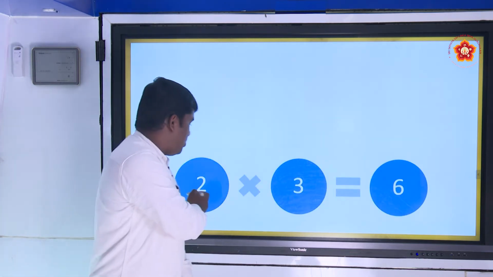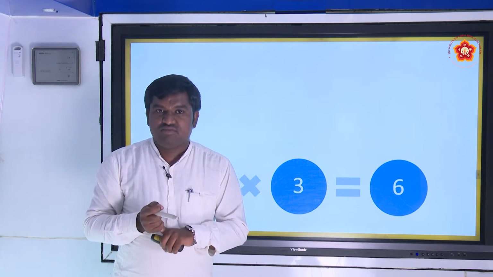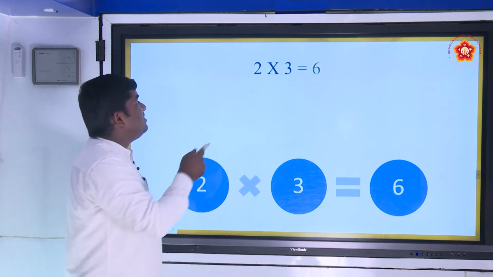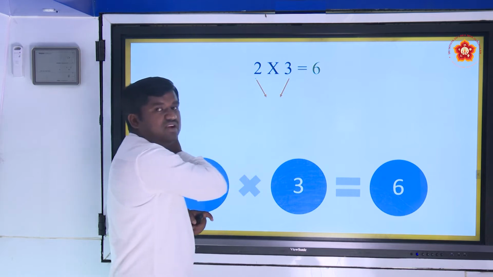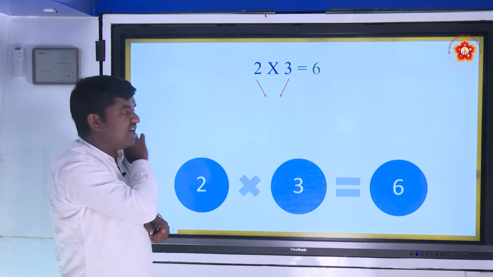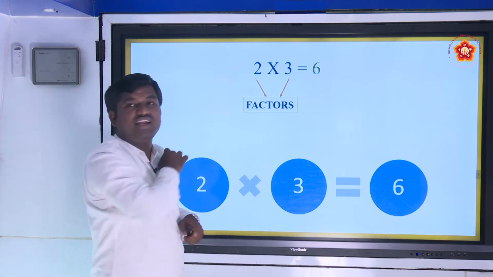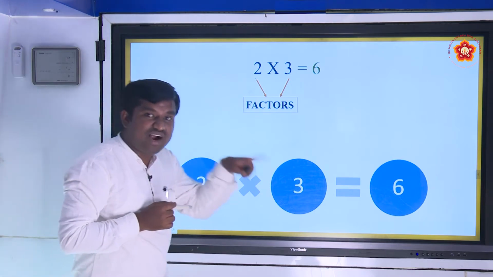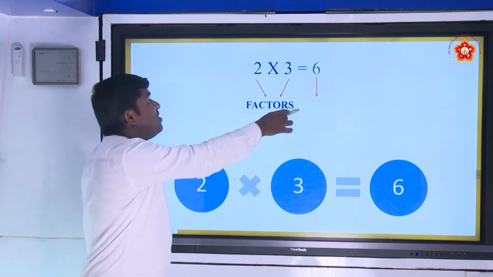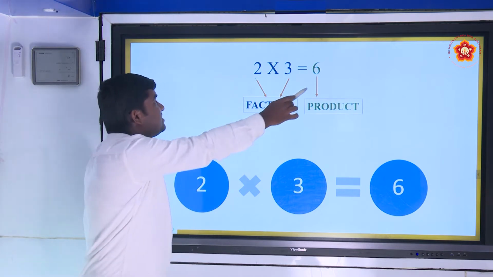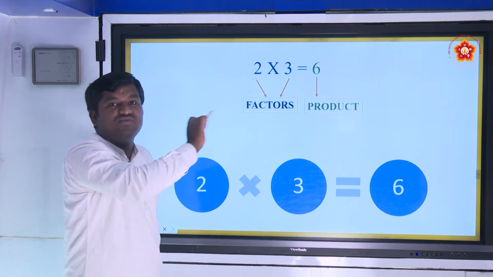See here, 2 3s are 6. What about these 2 and 3? These are factors. Factors of what? Factors of the product. 6 is the product. If you multiply 2 and 3, you will get 6.